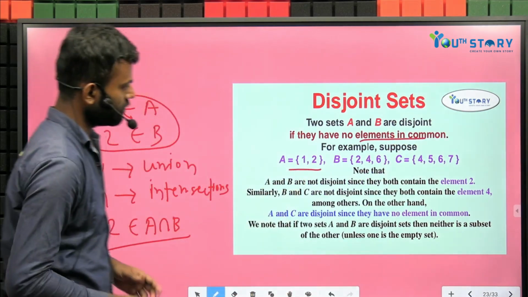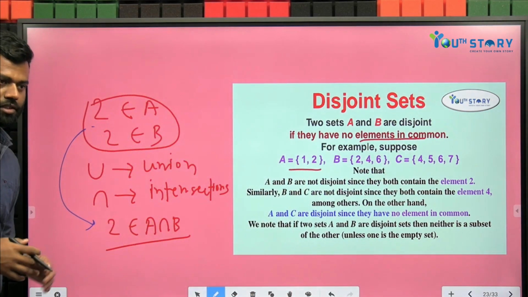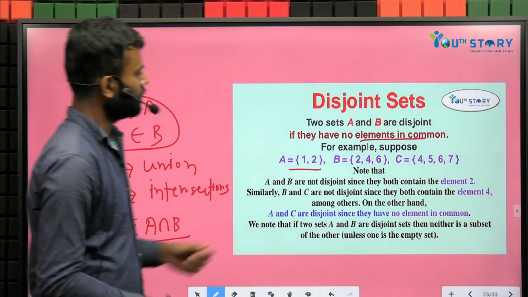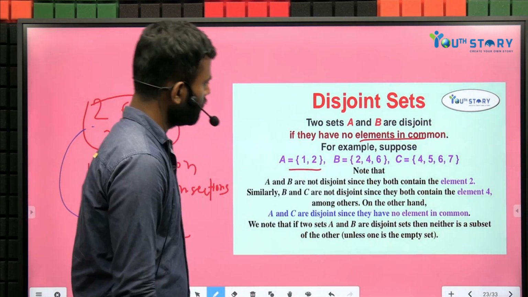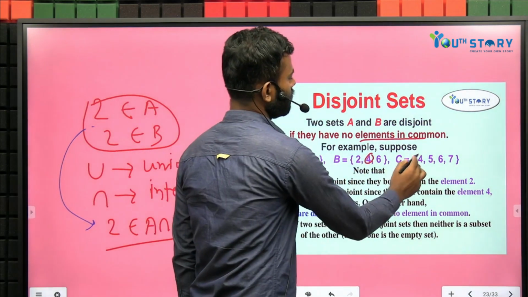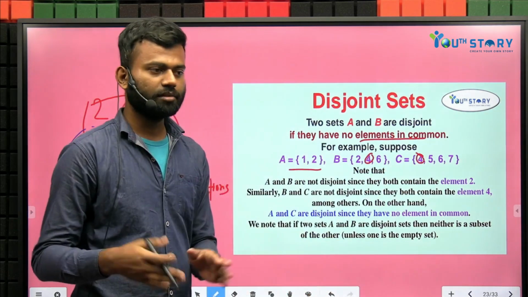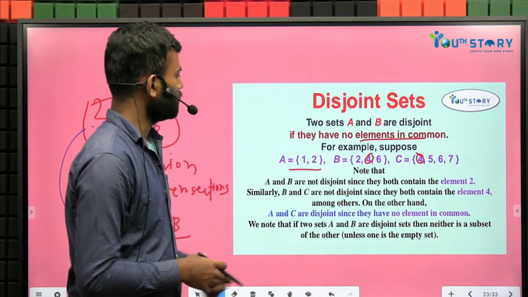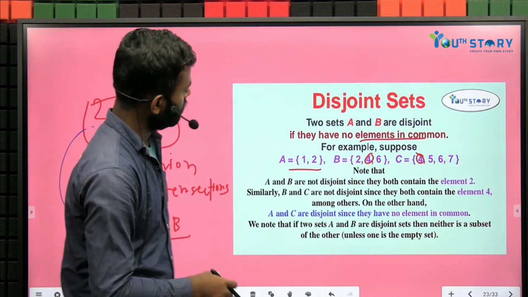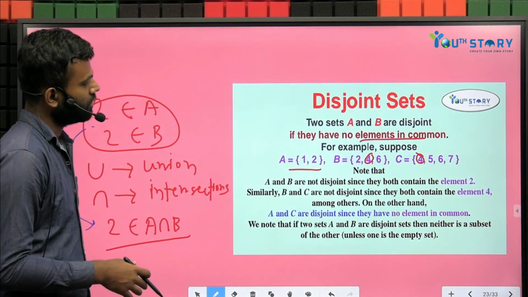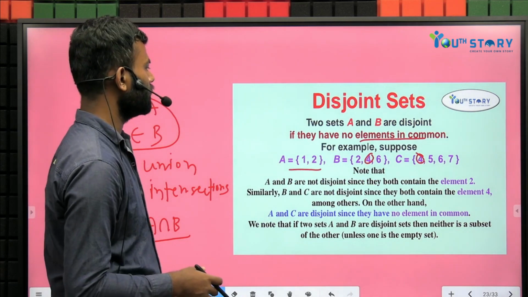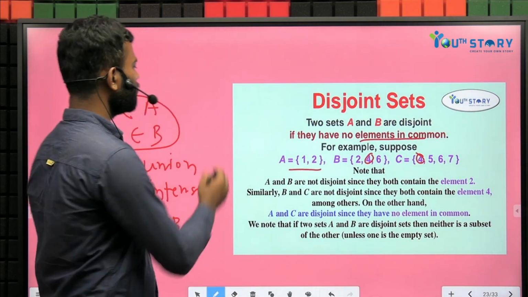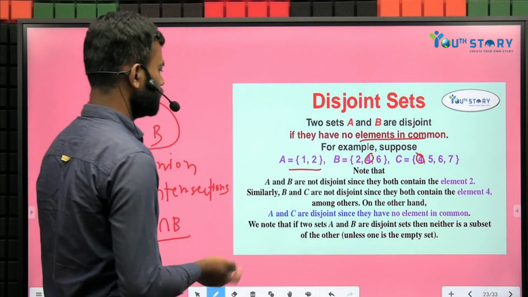In this case, A and B are not disjoint sets. If we consider B and C, then 4 is a member of both sets B and C, so they are also not disjoint sets. But if we consider A and C, then they have no element in common. A and C are disjoint sets.